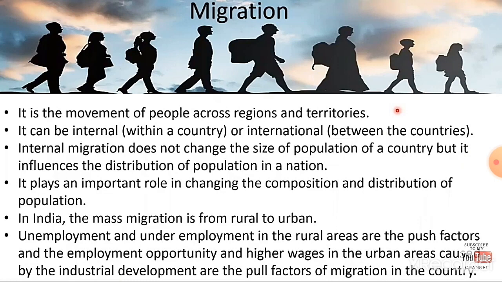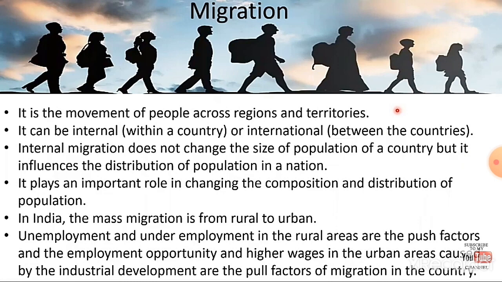Internal migration means the people move within a country. International migration means the people move between countries. So internal migration means the people migrate from one state to another state. International migration means the people move from one country to another country.